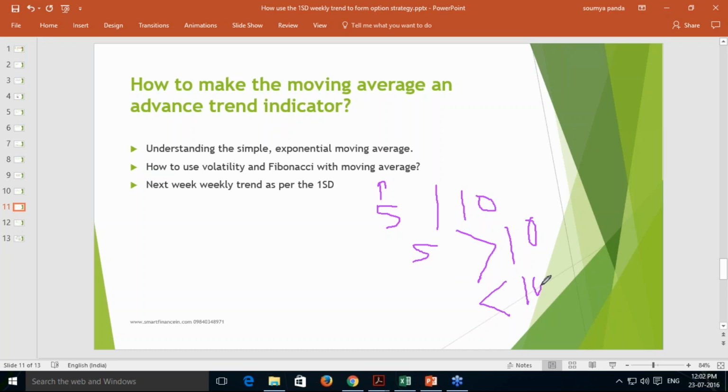This is called the moving average crossover. So there are two different ways you use the moving average. One is the direct moving average itself. Second is the moving average crossover. If the short-term moving average crosses over the long-term, the trend is up. If the short-term moving average crosses below the long-term, the trend is down. This is what we are using.